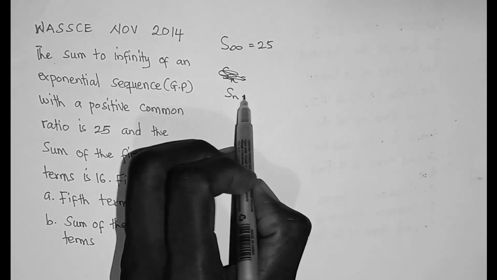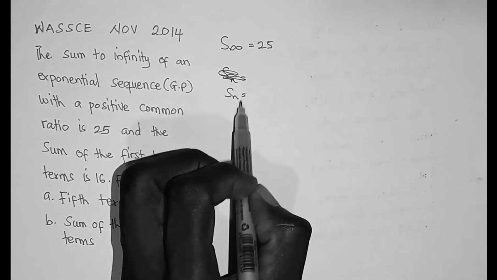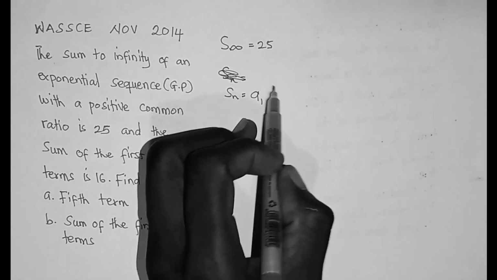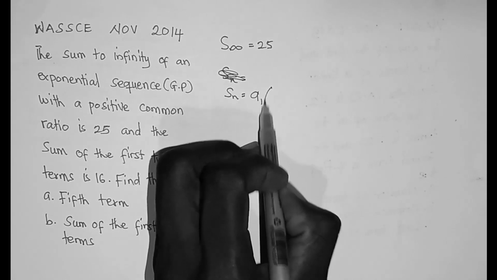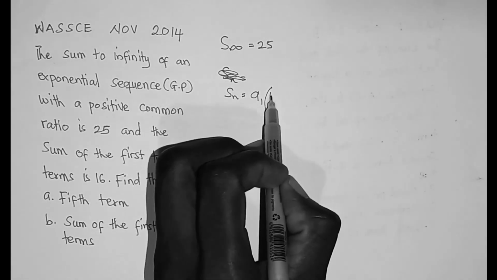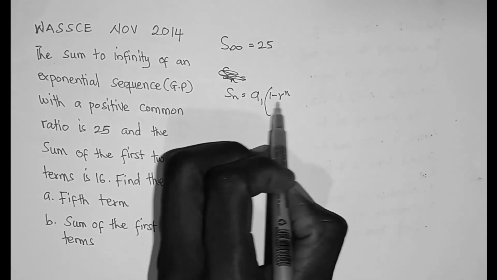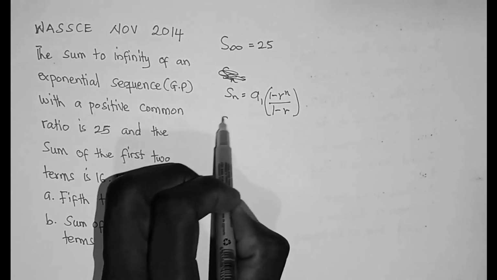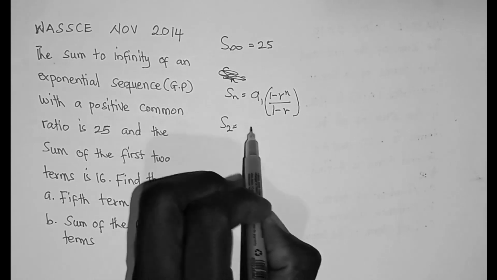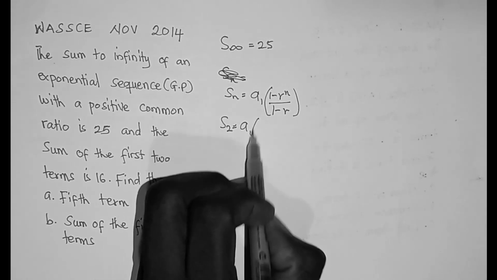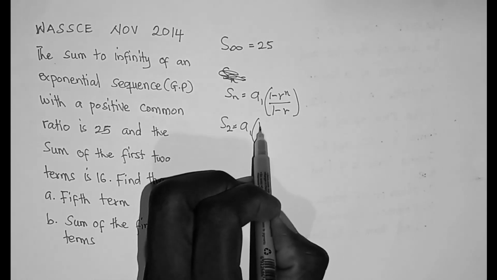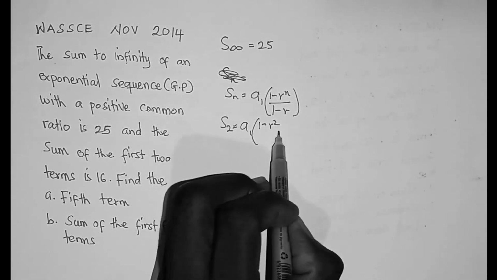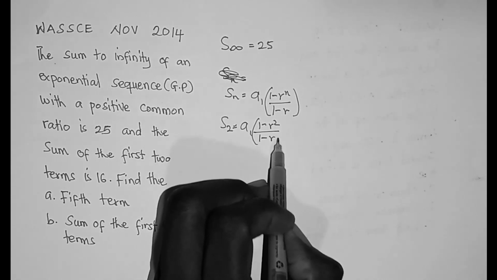For a geometric series, the sum is given as a1 times, in brackets, 1 minus r exponent n, divided by 1 minus r. So s2 is equal to a1 times 1 minus r squared, divided by 1 minus r.